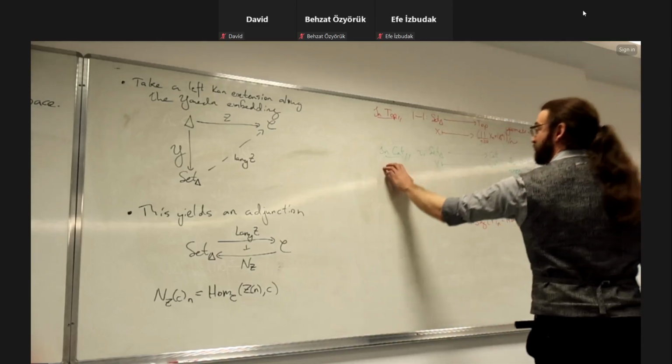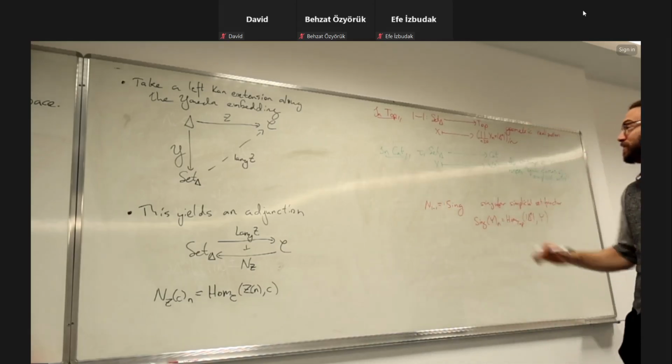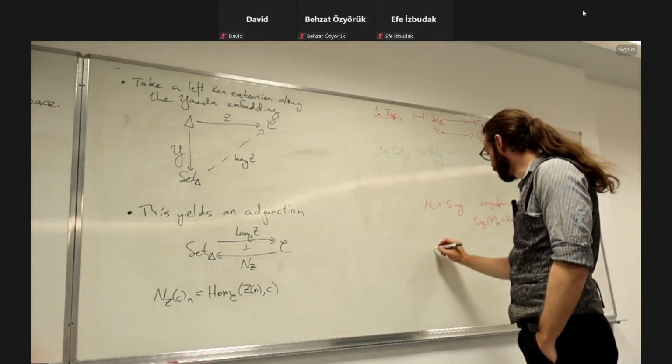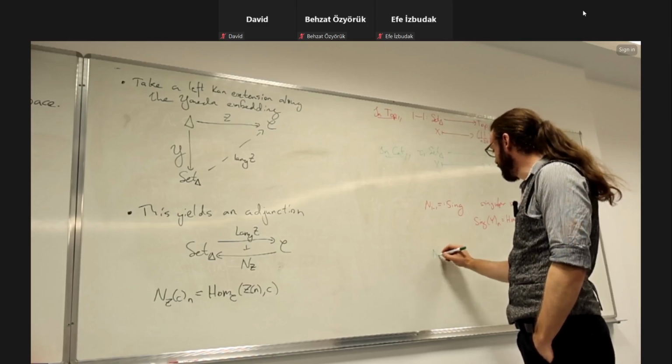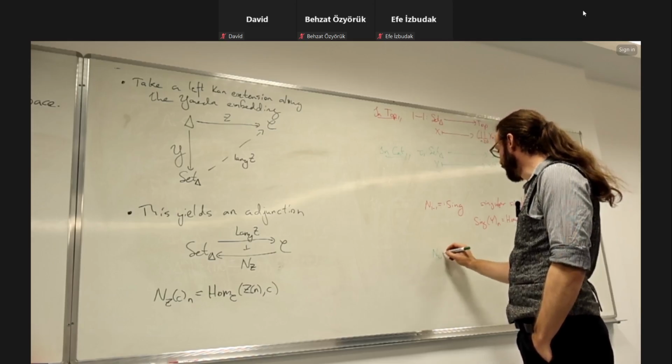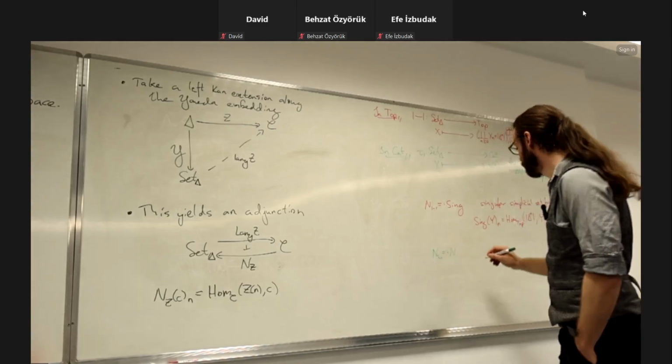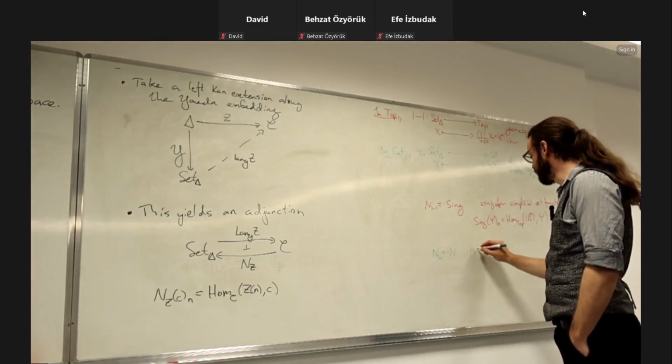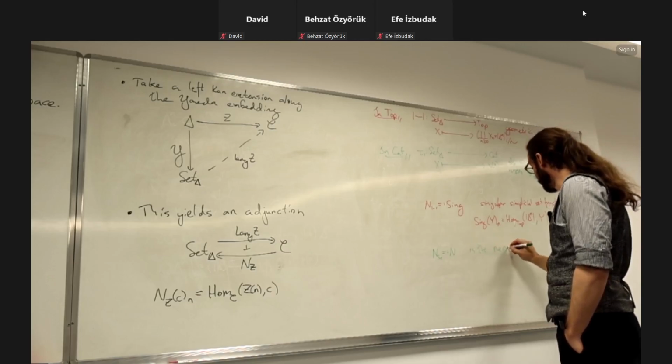But here in this Cat situation, the important part is really the corresponding nerve operation, N tau_1, which I'm just going to call N, is the nerve.